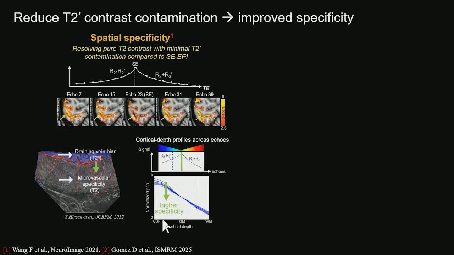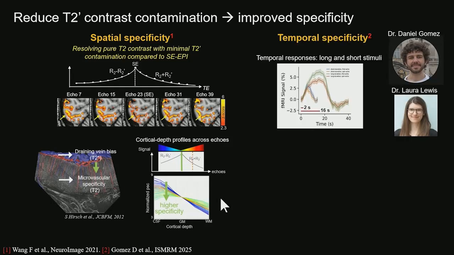And here's another example looking at the layer profile of different echoes resolved across the EPTI readout. You can see that as you move along the spin echo, you achieve the highest specificity with minimal T2 prime contamination. Recently, our collaborators, Dr. Daniel and Laura Luis, have also looked at the EPTI data and the temporal specificity using long and short stimuli.